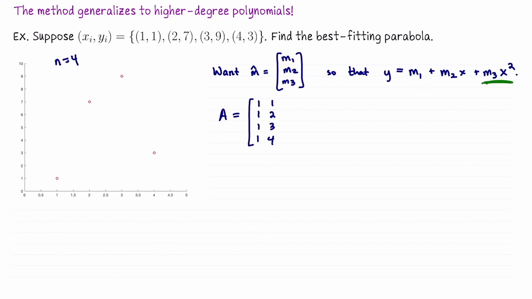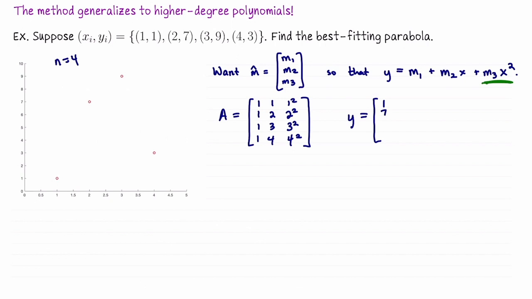And then the next column is going to be those x values squared. So that's what happens with this third piece over here. So my third column is 1 squared, 2 squared, 3 squared, 4 squared. Y is the same as before. So y is going to be a vector with 4 entries in it, and it's going to be the y coordinates.